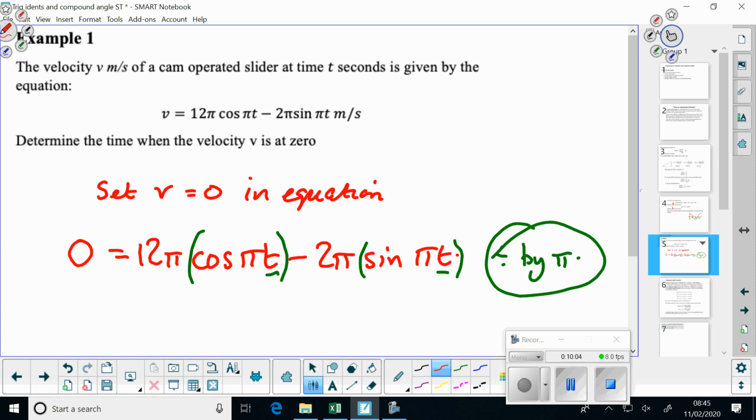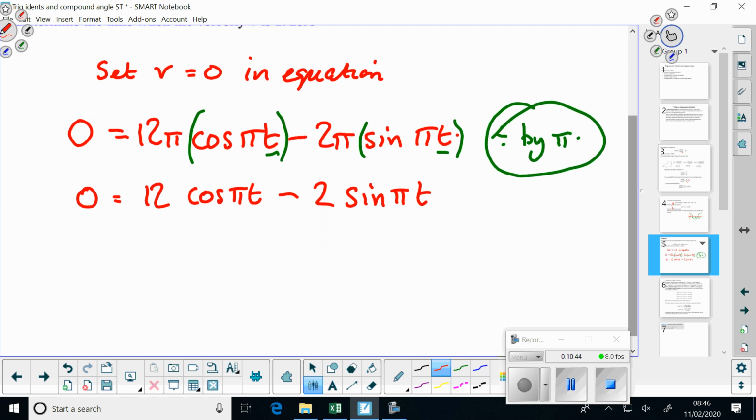That's handy when you've got 0 on one side, because you can divide it or multiply it by anything. So 0 divided by pi is 0. 12 pi divided by pi is 12. Cos pi t. Careful, don't divide that by pi, inside of the function. Minus 2 sine pi t. So we've got rid of the pi as a factor of the two functions.